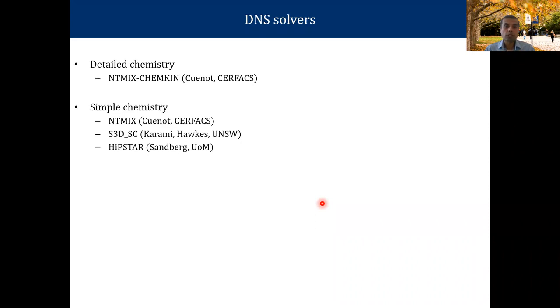The solver was modified by Dr. Karami during his PhD at UNSW. And the solver that we're using right now is called HiPSTAR, which is a solver developed by Professor Richard Sandberg at the University of Melbourne. We recently modified it so that we can do combustion simulation with this solver.